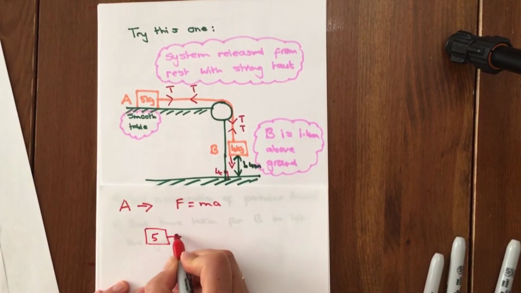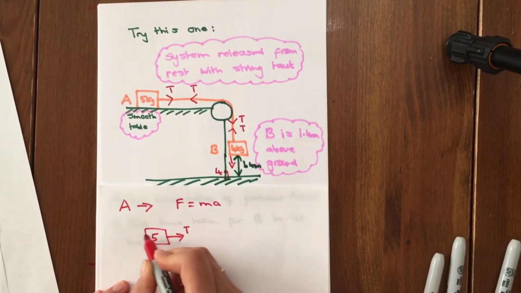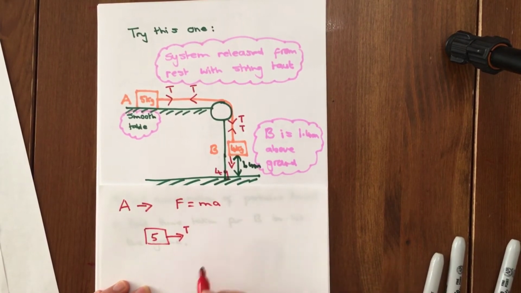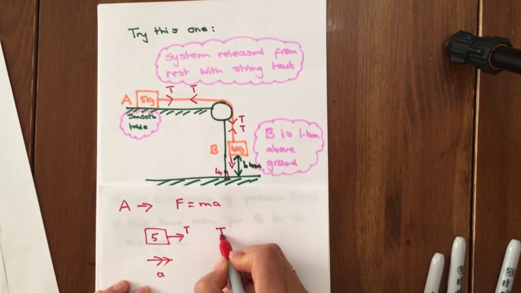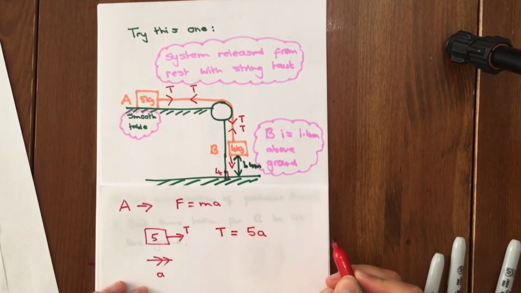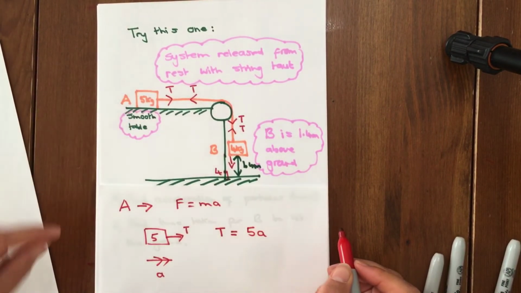So I've got tension going this way, and I've got no resistance to motion. F equals ma, and I know that it's going this way. So T is my only force, equals the mass times my acceleration. So I've resolved horizontally at A.